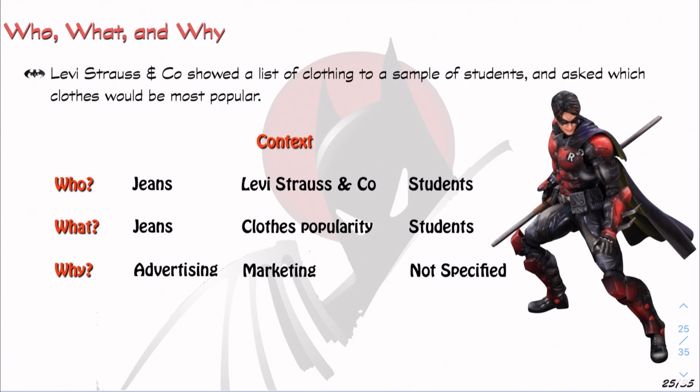The who in this situation could be the jeans, could be Levi Strauss, could be the students. If we're looking at the what, are we measuring the jeans, or the clothes' popularity, or the students? And then why are we asking this? Is this for advertising? Is this for marketing? Or is this not specified?